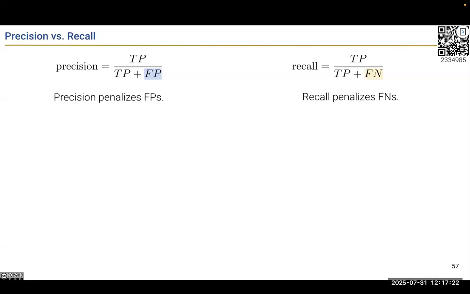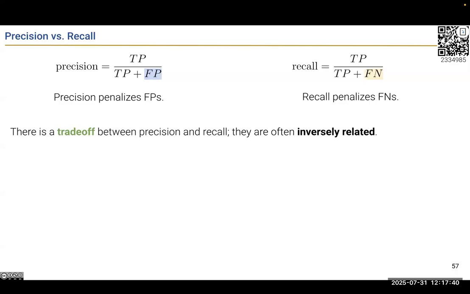Just like our observations, precision primarily penalizes false positives. That's the type of error it penalizes. Recall, on the other hand, penalizes false negatives. Oftentimes, false positives and false negatives are inversely related.